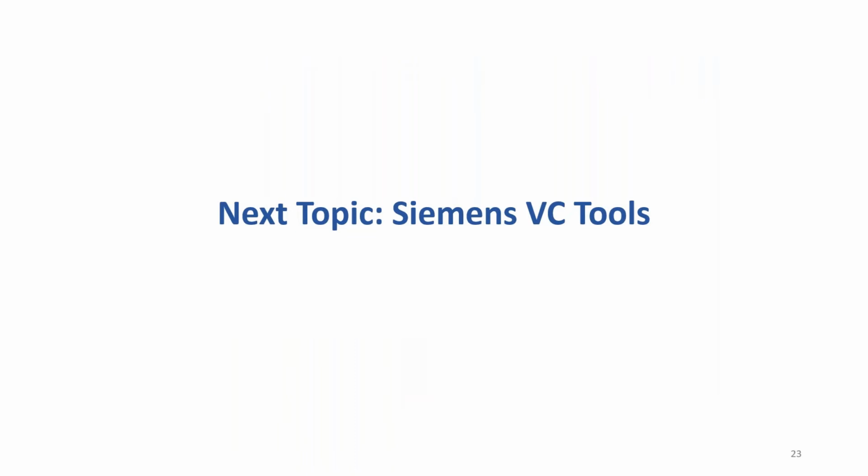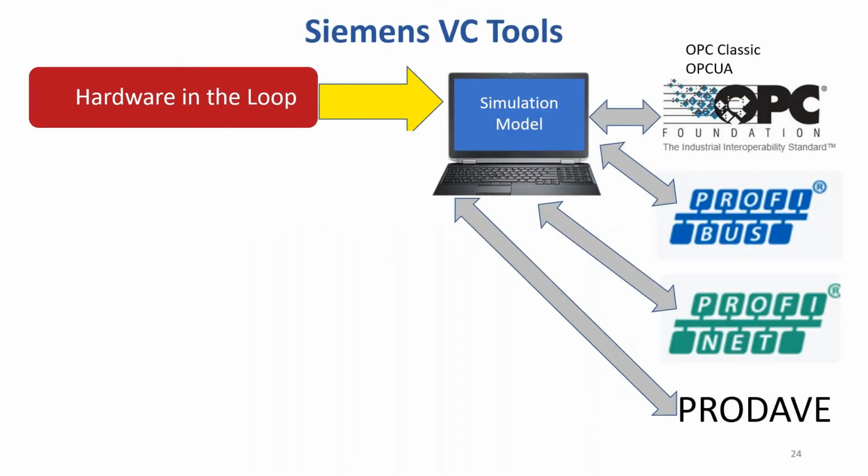Our next topic discusses the powerful virtual commissioning tools available from Siemens. It's easy to get them confused with one another. Siemens tools provide hardware-in-the-loop virtual commissioning through more than one PC to PLC controller communications protocol. For example, Kinematic's plant simulation can communicate directly to controllers via the OPC Classic or OPC UA protocols.